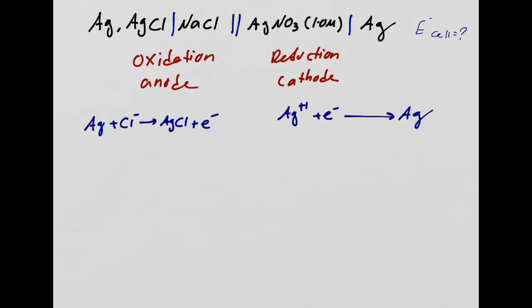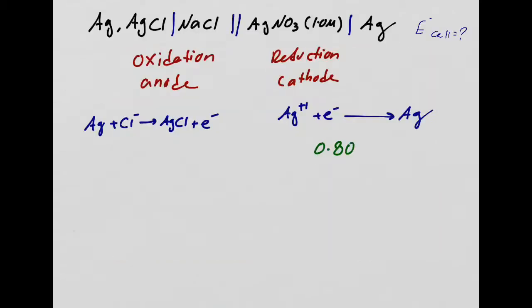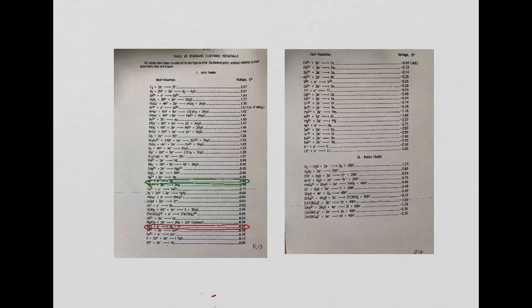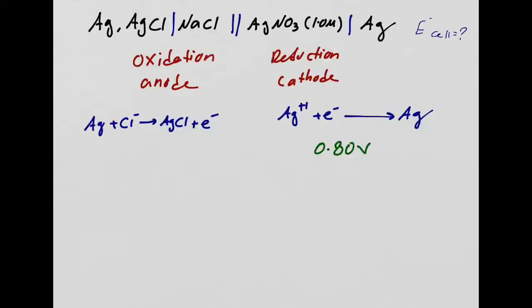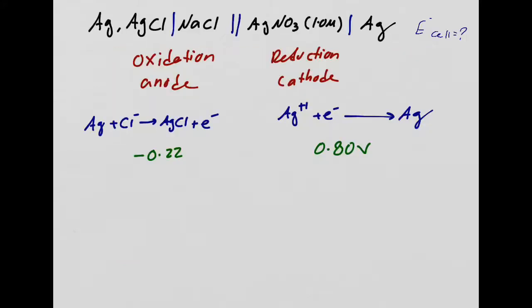So look at the table again, and you know that the reduction potential for silver is 0.80 volt over here. And then for the oxidation we have it down here, but again we have to flip the sign. So this one would be minus 0.22 volt.